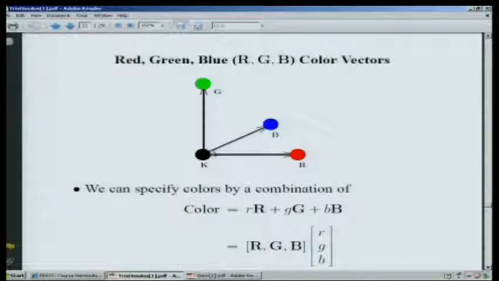Now, I've got to tell you this because this is a little surprising. If you take blue and green and add them together, what do you think you get? You get a bluish green, right? And that's reasonable, because if you said, what color is your car, and I said it's a bluish green, you would know what I was talking about.